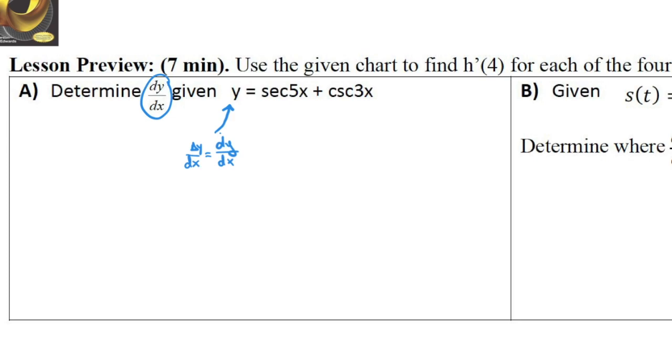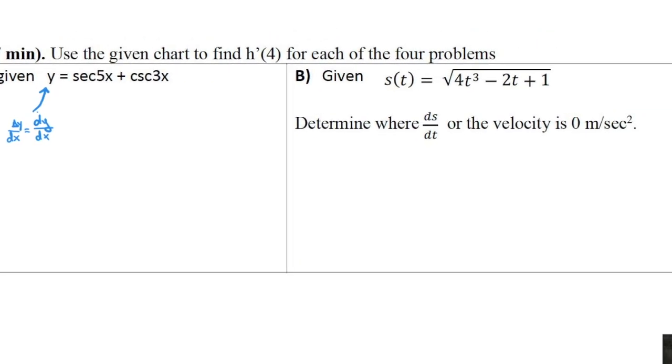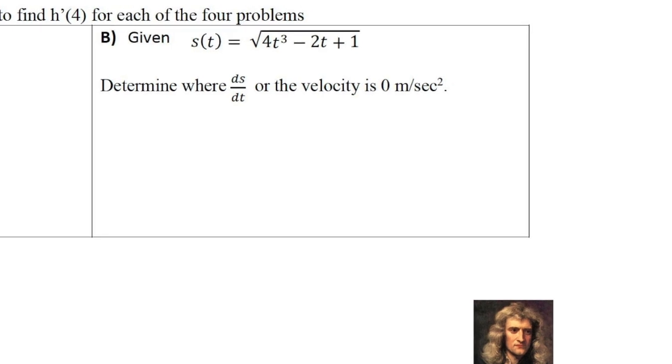Now, for this particular problem, you certainly used your chain rule and knew your basic derivatives. For question B, the notation is similar. You were asked to find ds dt, the derivative of s with respect to t. When you found that derivative, once again, you used your chain rule.